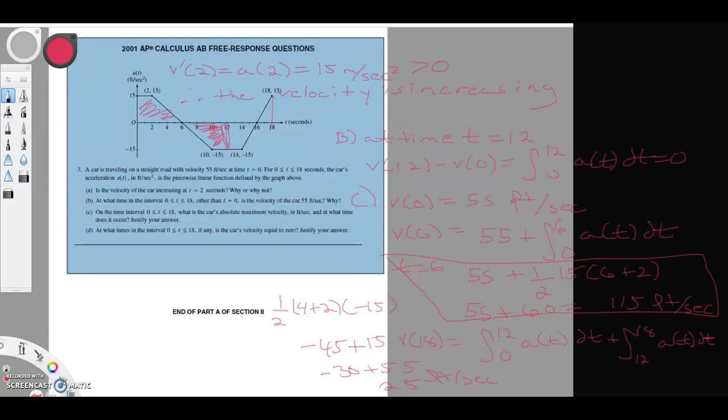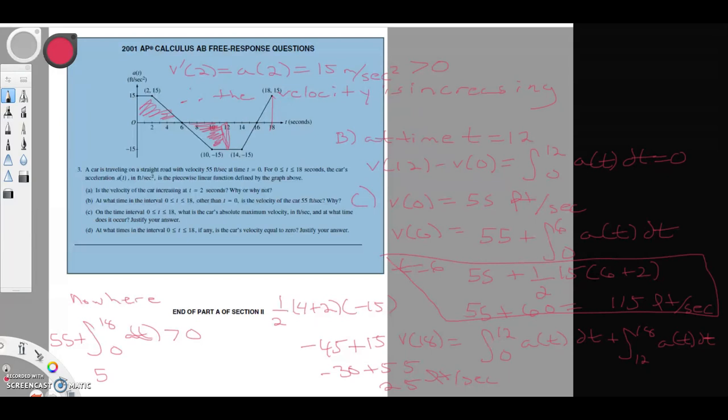Okay, anyway, part D says, on what interval between 0 and 18, if any, is the car's velocity equal to 0? Well, we just kind of proved it. When you look at the area from 0 to 18, you would say nowhere. That was 25, right? Because when you add the 55, 55 plus the integral from 0 to 18 of a of t dt is greater than 0.